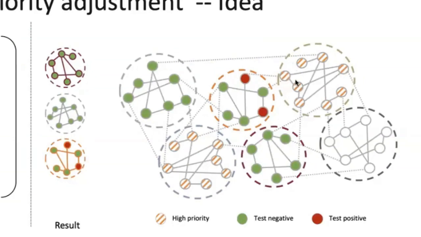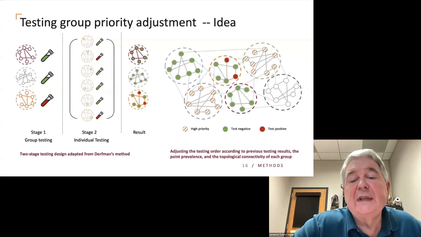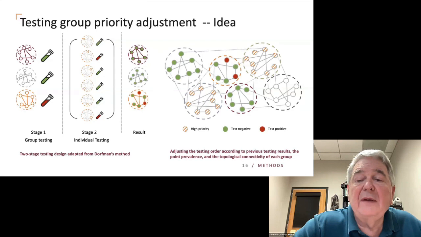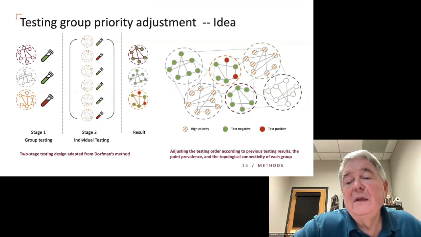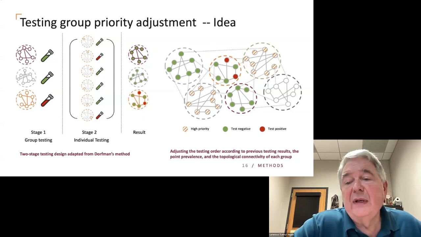Those 2 will be given the highest priority for the next round of testing. We already know the testing results for the ones in the 3 subgraphs indicated with green and red, but we'll give priority in the next round to the 2 subgraphs that are adjacent to positive tests.